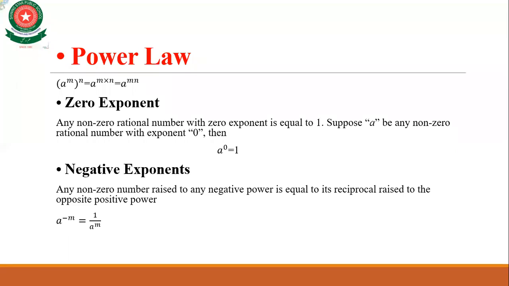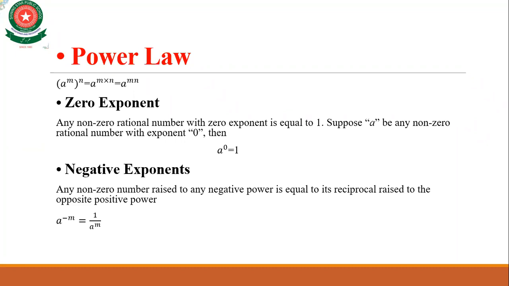It means that whenever we have some exponent of a base, but there is another exponent outside the bracket, then it will be equal to a power m cross n, which is equal to a^(m into n).